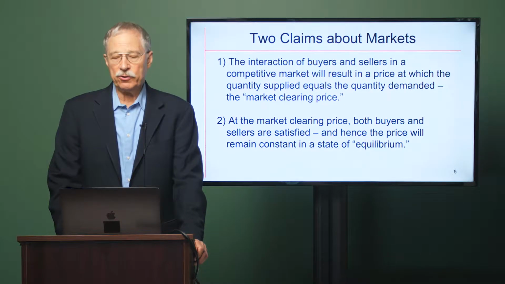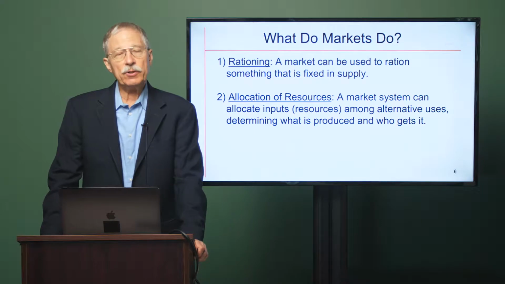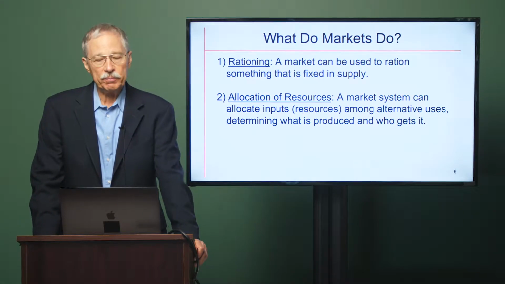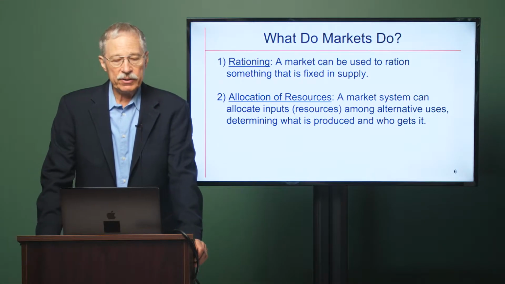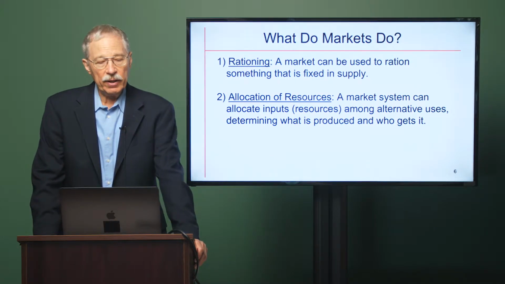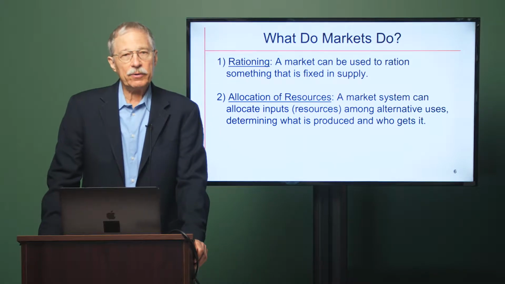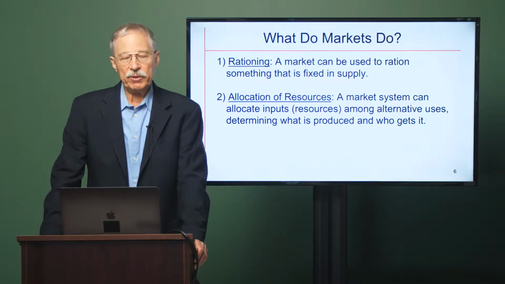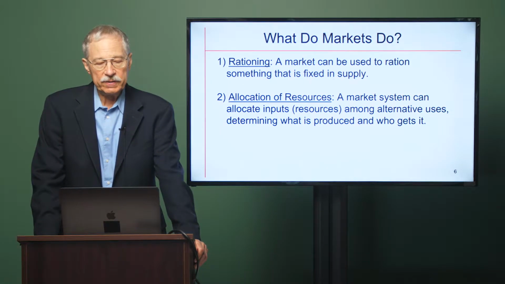Now, what can markets do? There are two different functions that markets can perform. First, markets can ration a fixed supply of some product among those who want to get it. That's the rationing function of markets.